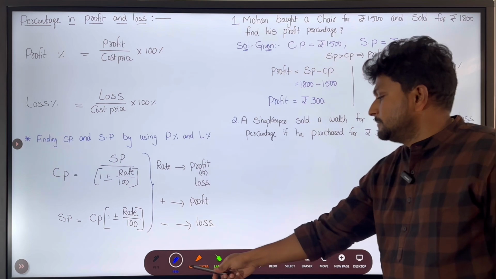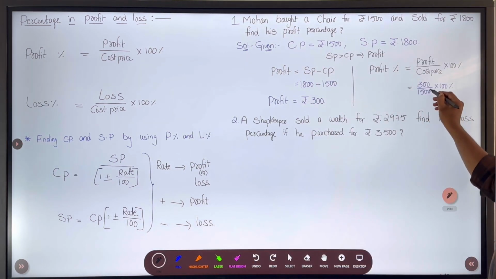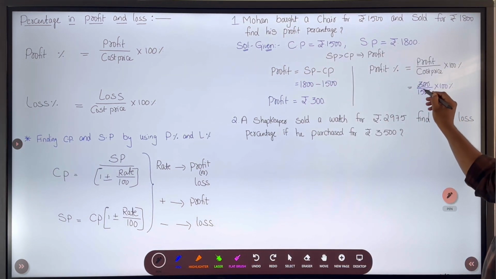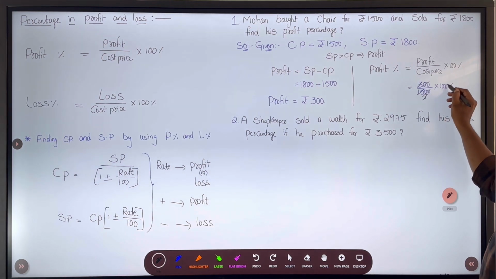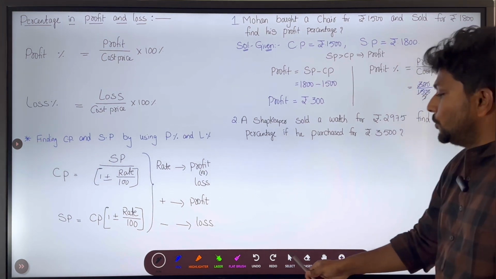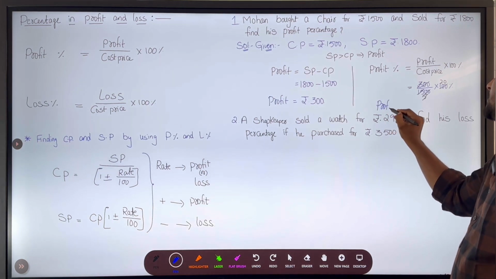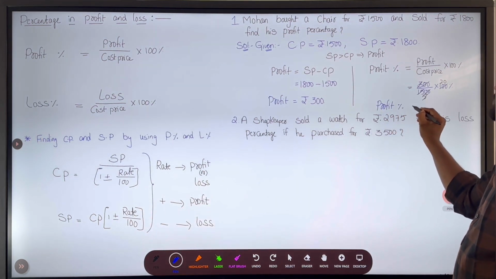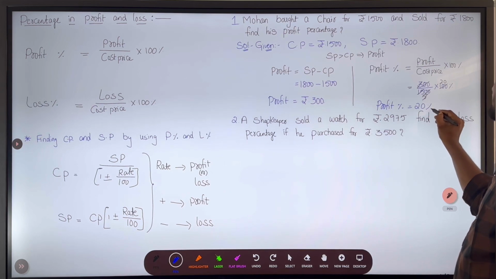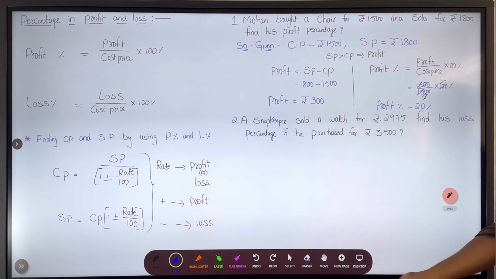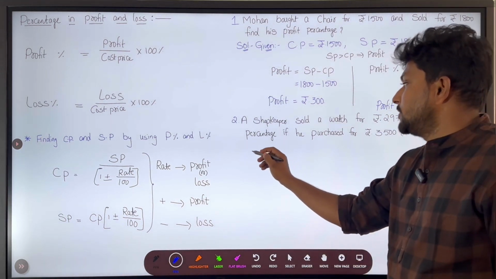If we cancel zeros, 3 ones are 3, 5 ones are 5, 20s are... So we got profit percentage equals 20%. Profit percentage is 20%.